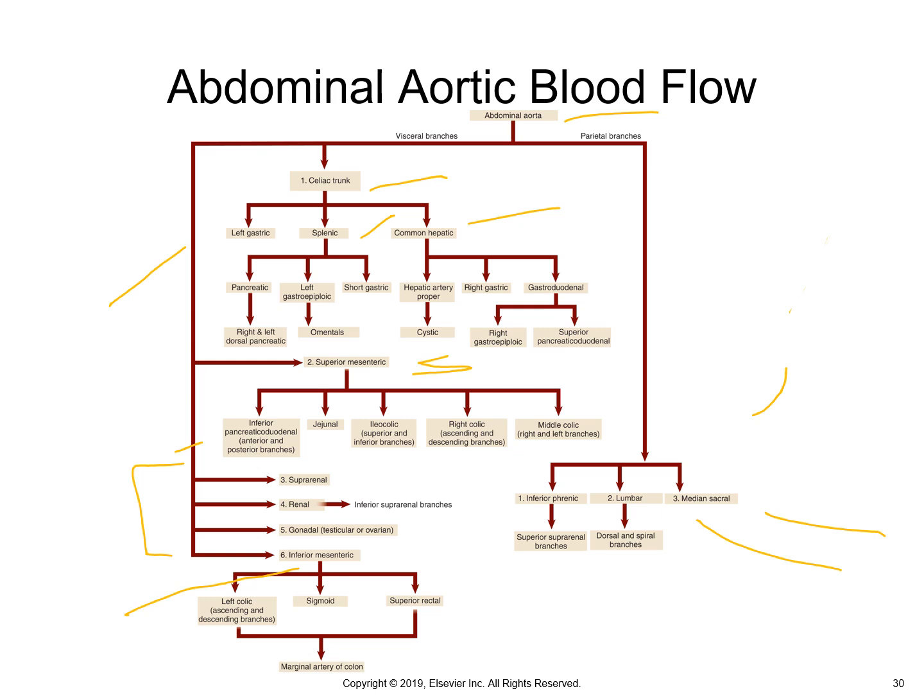And then we have the terminal branches of the abdominal aorta. So at the lower end, the abdominal aorta splits into two. So we have the right and left common iliac arteries. Oh no, that's the colic.